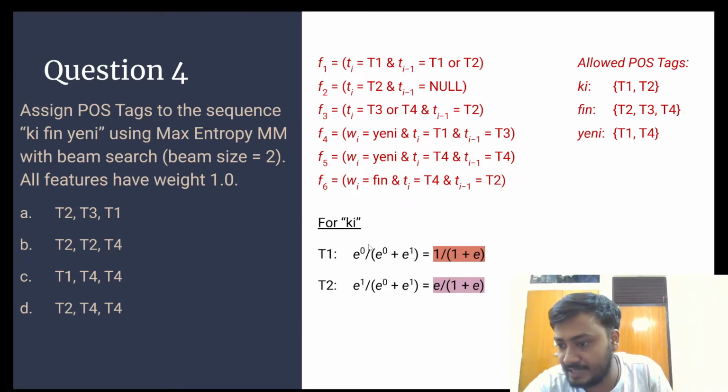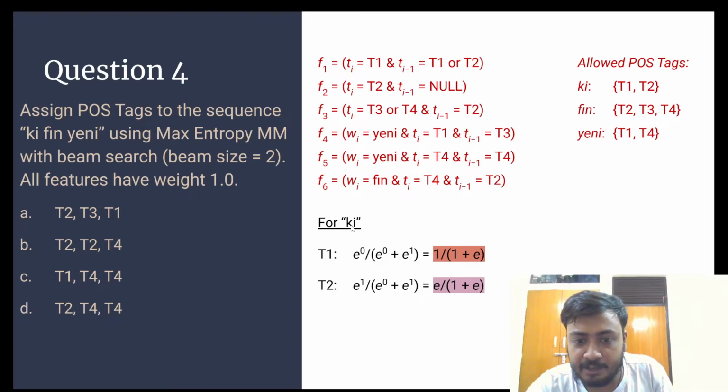This is the very first tag, right? So that is why this feature is not applicable. F1 is not applicable, F2 is not applicable, F3 is also not applicable, and all the other ones are obviously not applicable because the Wi is key. So for the word key and the tag T1, there is no feature which is applicable, so we have e to the power 0. We'll look at the denominator later.